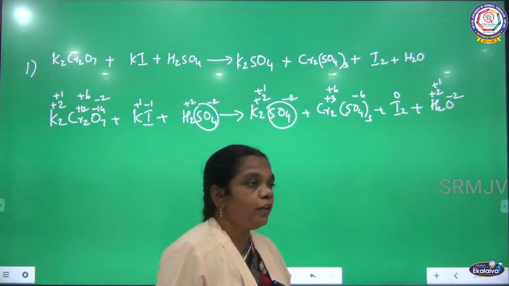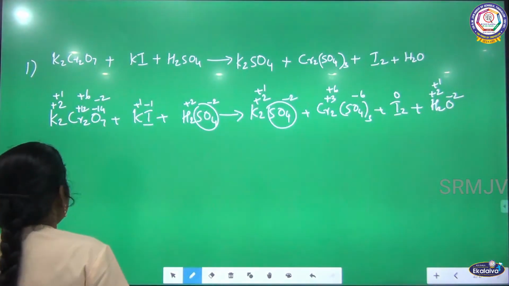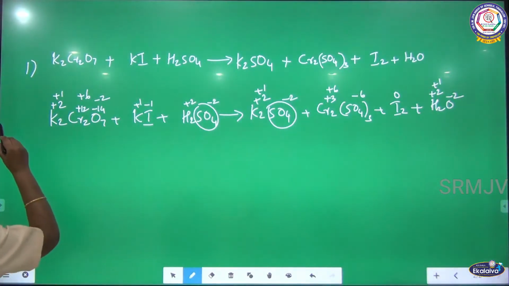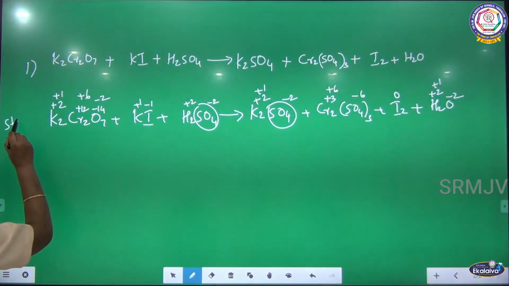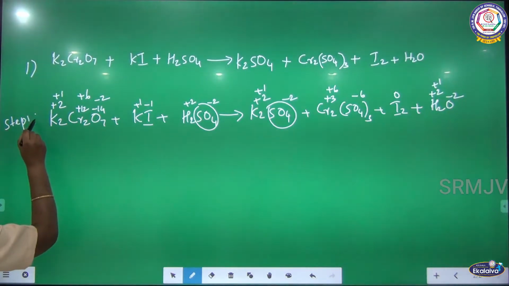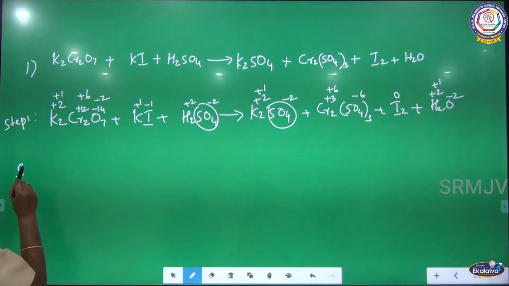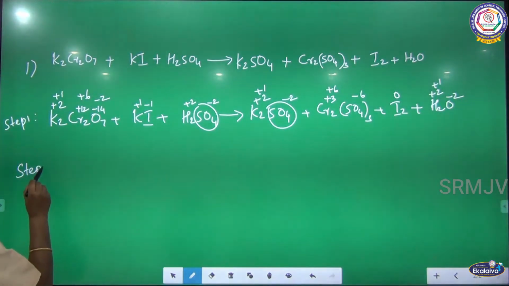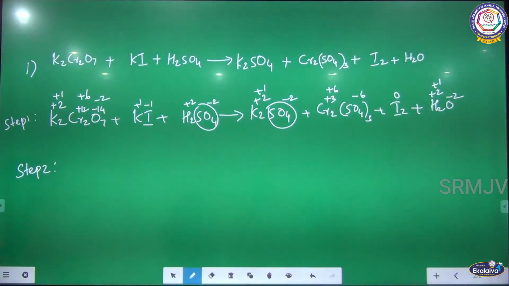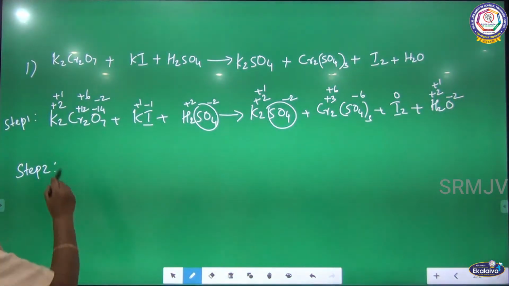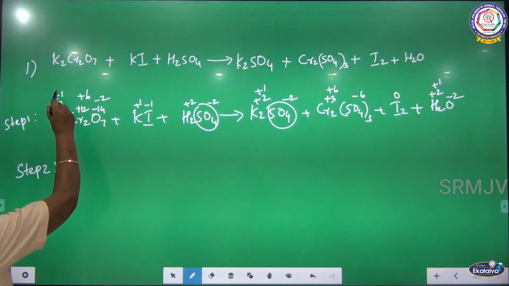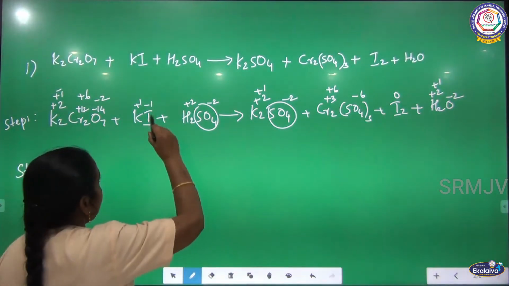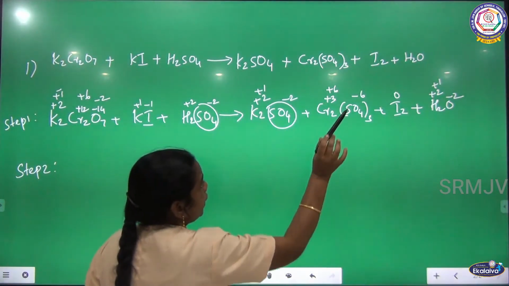This is step 1. Next you have to find where there is a difference in oxidation. Potassium is +1 and here potassium is +1, so there is no change.